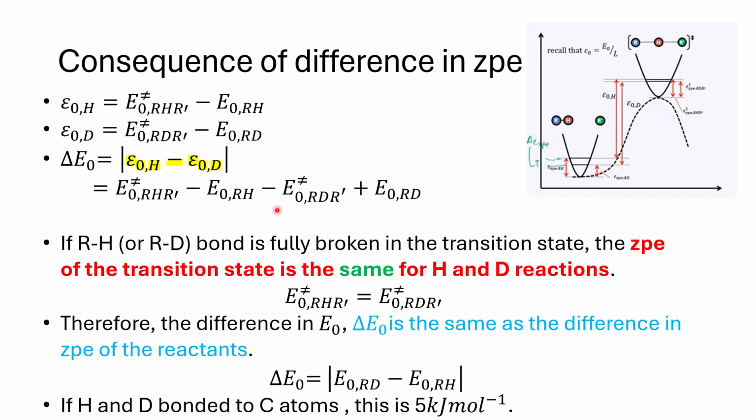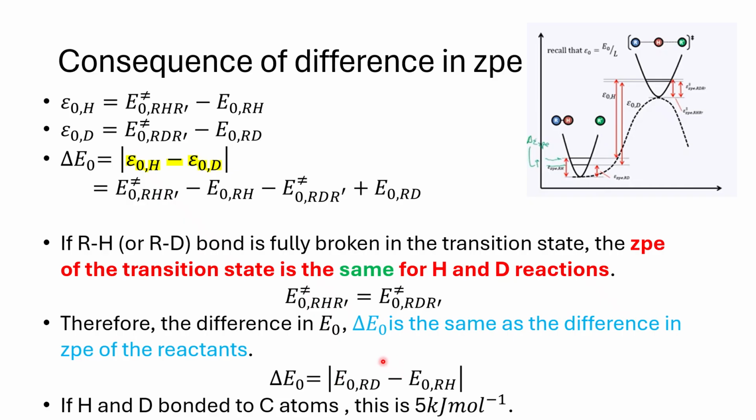If these two are the same, then they will be cancelled out and left only the energy at the zero point for RD minus the energy for the reactant of the RH molecule, which equals the energy difference for the zero-point potential energy.